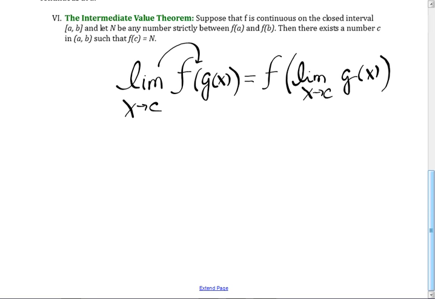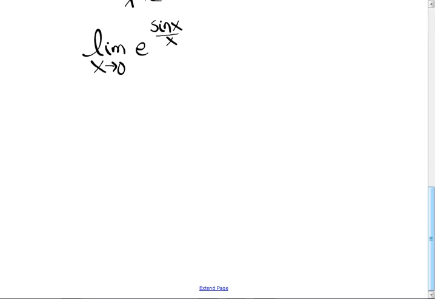But I'm going to give you an example where it works, but you're not going to see it. What if I want the limit as x goes to 0 of e to the sine of x over x? What's the first thing we always do? We substitute. Well, you get confused too. We substitute, right?